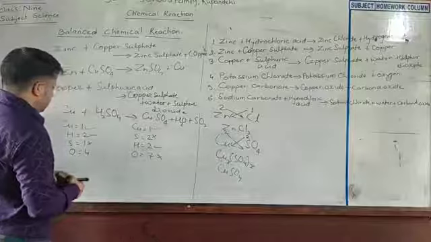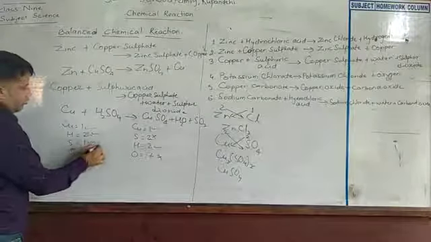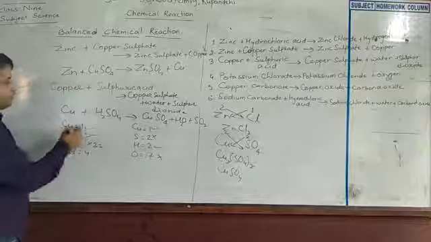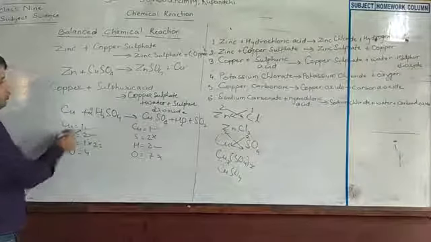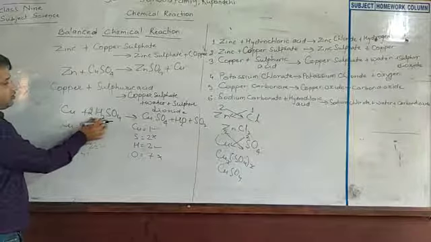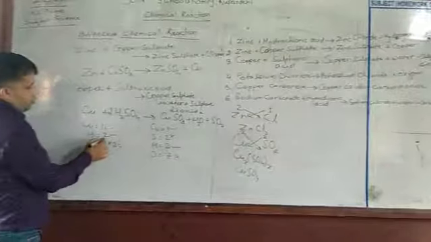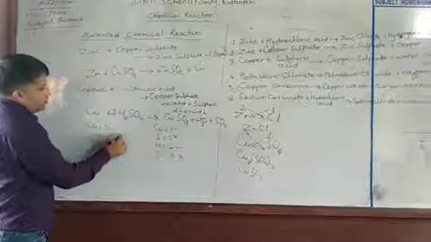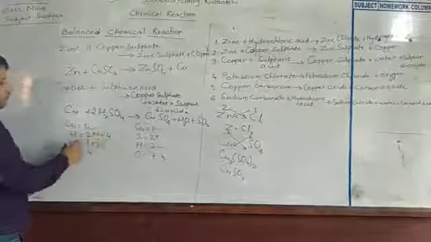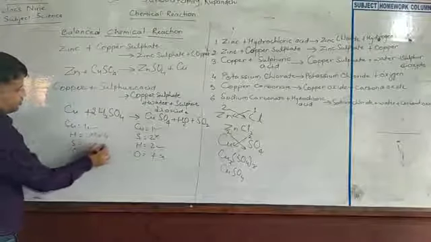Sulfur is 1 here and 2 there, so we will multiply it with 2. Once we keep 2 here, it means 2 to this, 2 to the other also, 2 2s are 4. Automatically hydrogen is also multiplied, it has become 4, and sulfur also changed, so it is balanced.